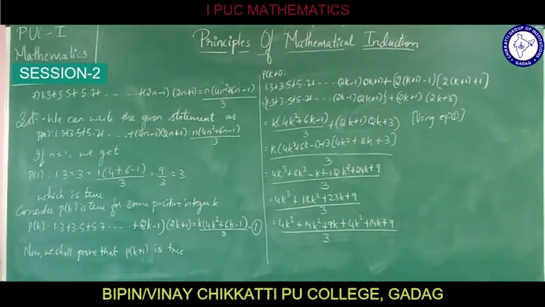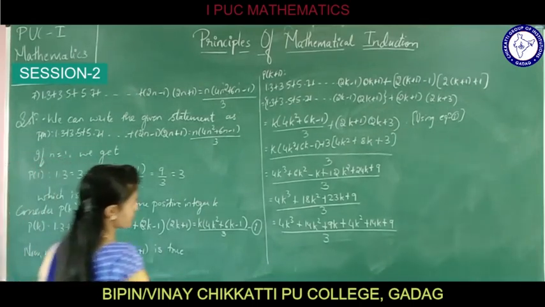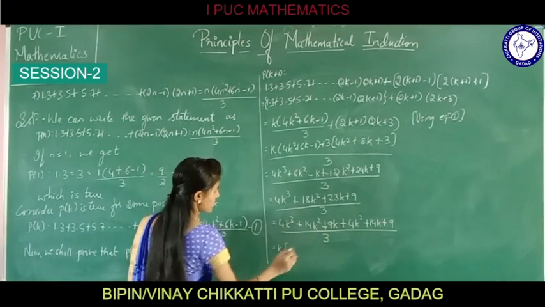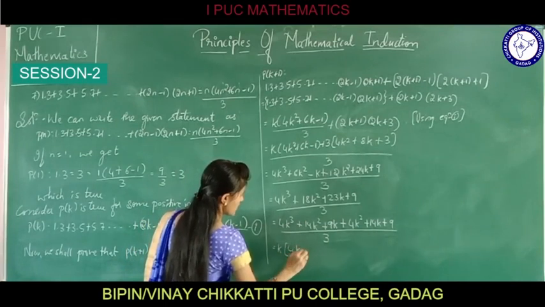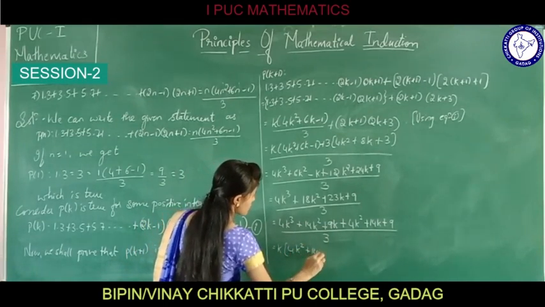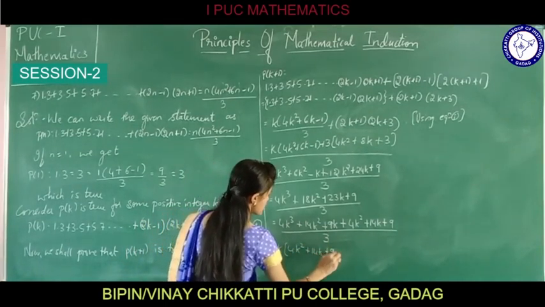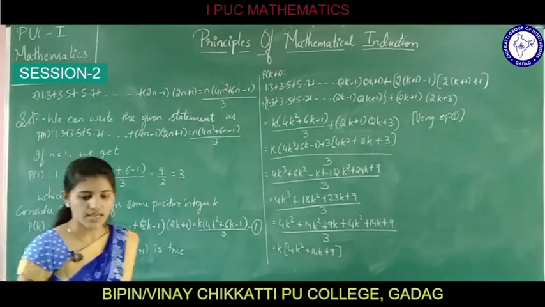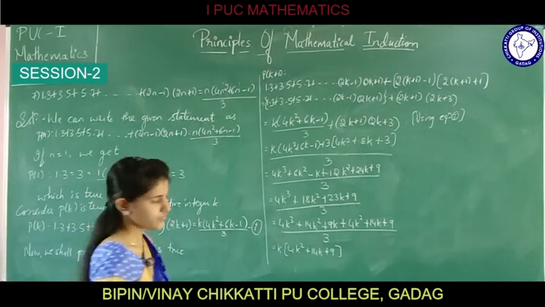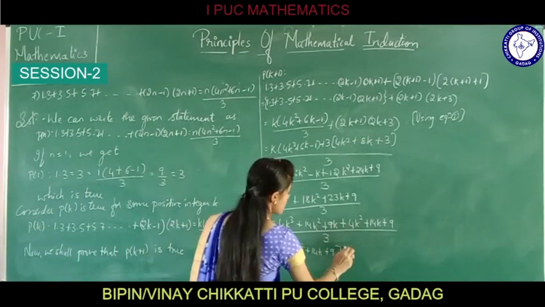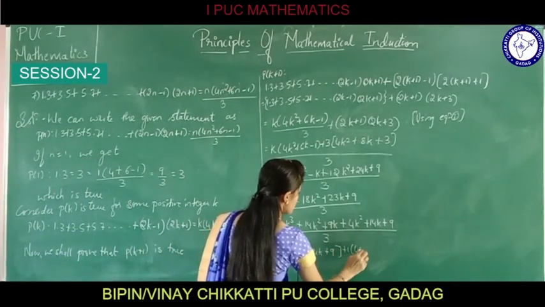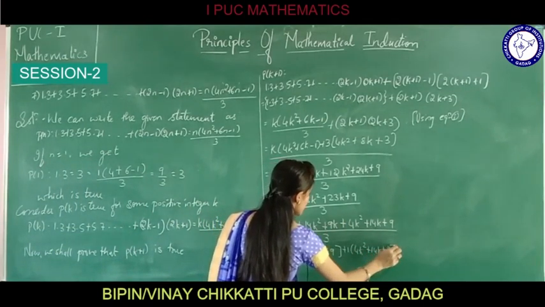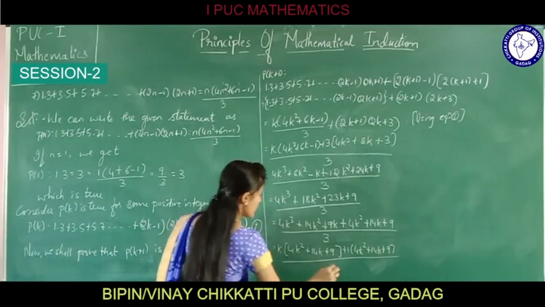This can be written as k into, now you just take out k common here, simplify this, that is 4k square plus 14k plus 9. What I have done here again, taken out k as common, plus 1 into 4k square plus 14k plus 9 divided by 3.